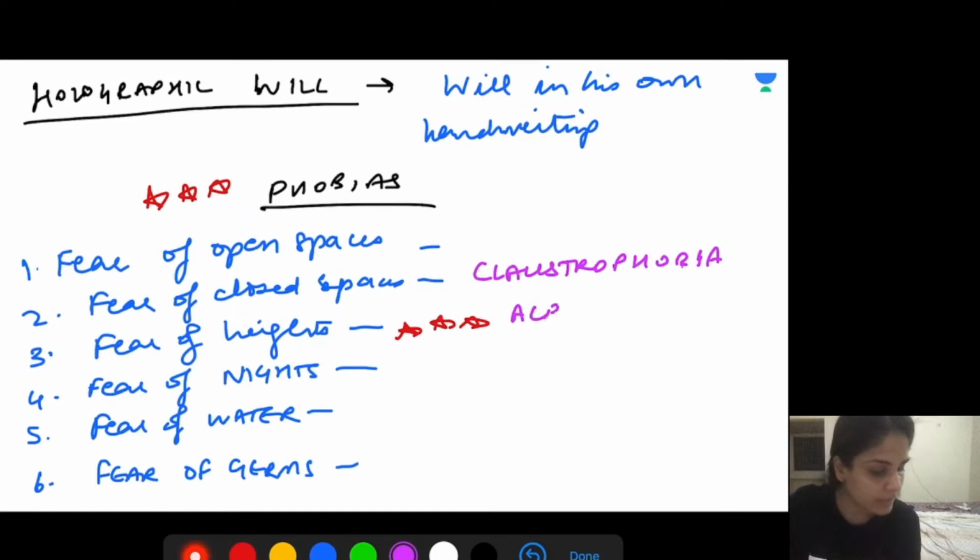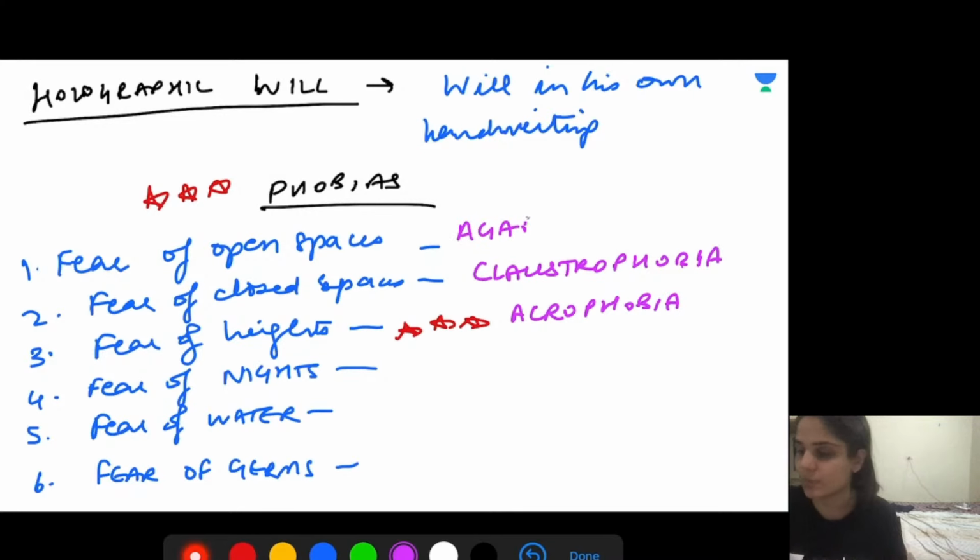Good. Then Mohammad Atif Rose is saying that fear of open spaces is agoraphobia. Absolutely correct. It is agoraphobia. Okay, then we have Suman Kumar Ojha saying hydrophobia. Yes, I think that is self-explanatory. Fear of water is commonly called hydrophobia.